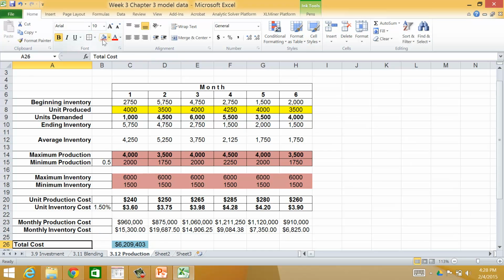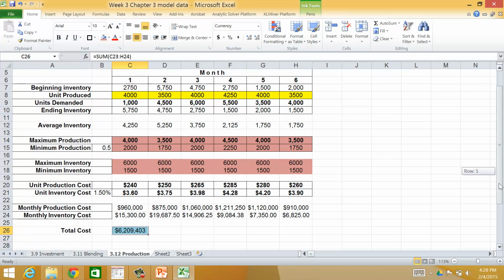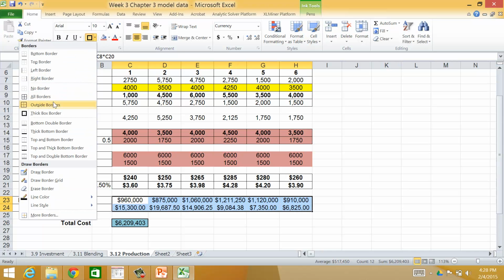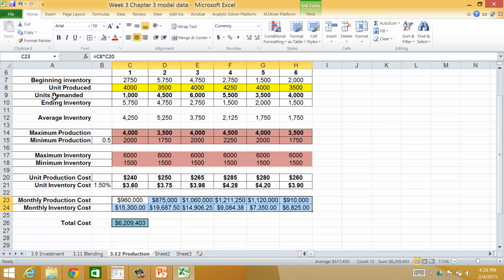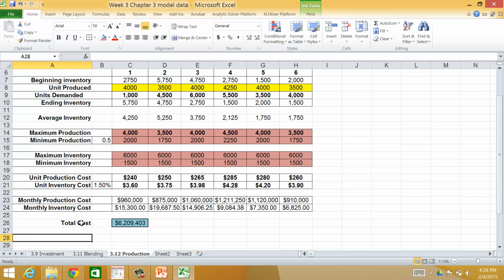Total cost, that's the objective function cell. I'm going to just add a thick border to it. And these ones, add a border for those ones. Same with those ones. No border and then just the outside bar. Total cost. Okay.